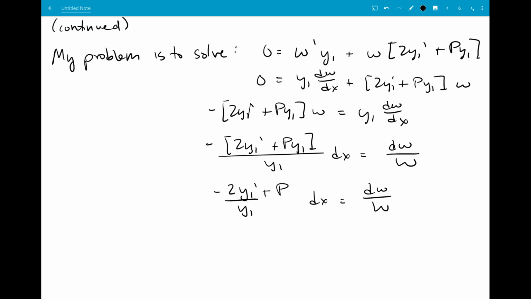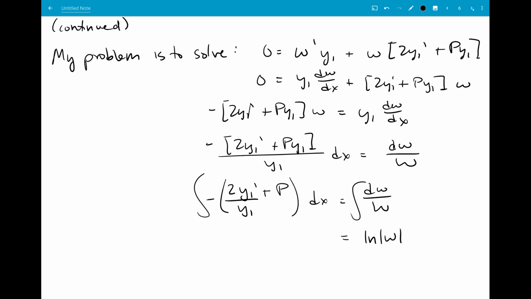So my problem here is to integrate both sides. I've got to make sure I'm careful about that negative sign. Don't want to forget that I have to distribute it around. If I'm going to solve this separable equation, I need to go ahead and integrate both sides. So I've got natural log of w on the right-hand side, and it's just this integral right here that's going to give me a little bit of trouble.